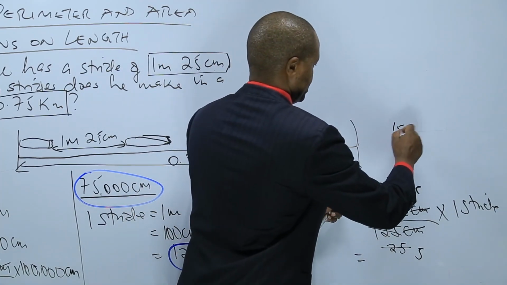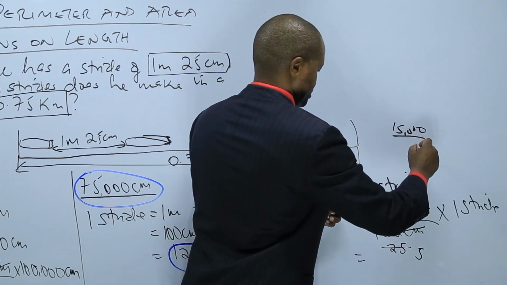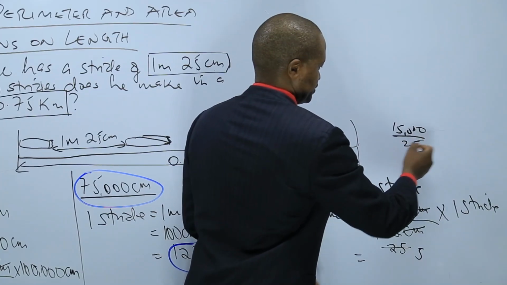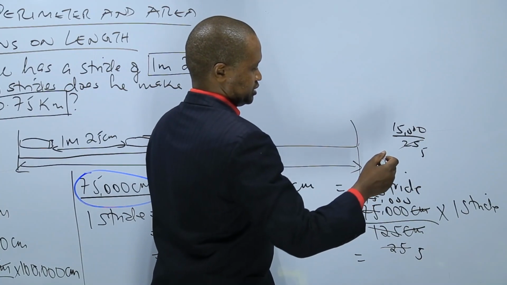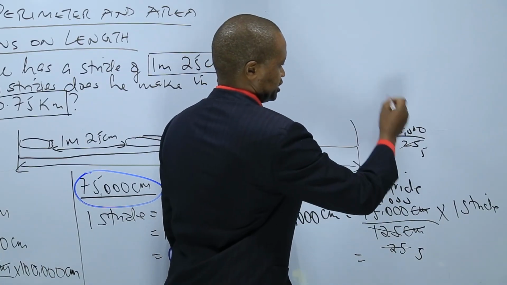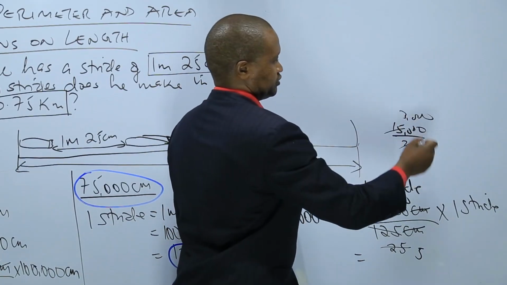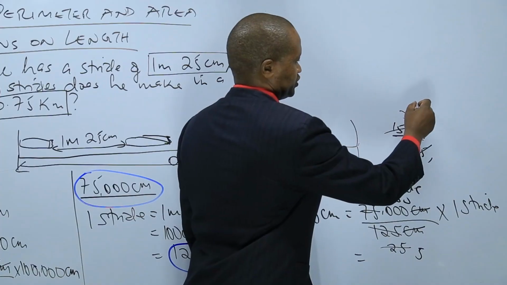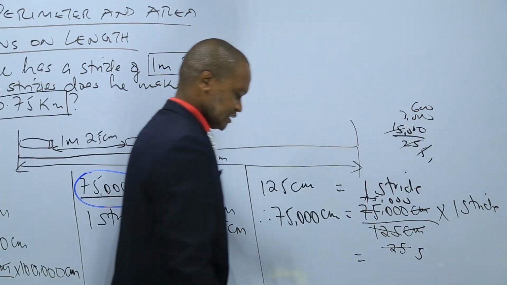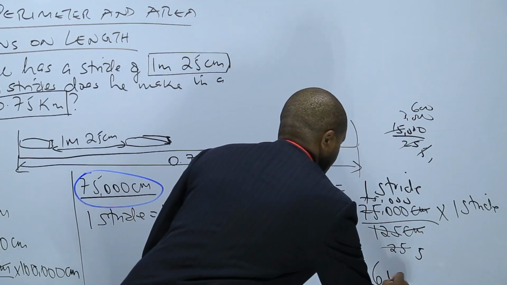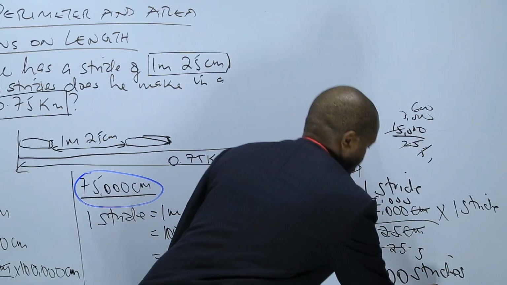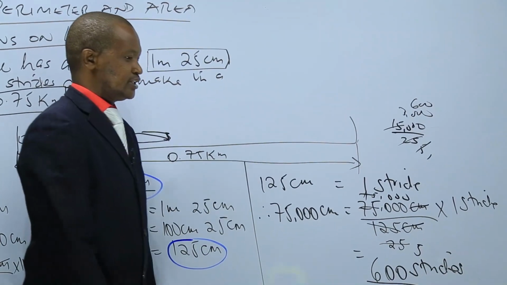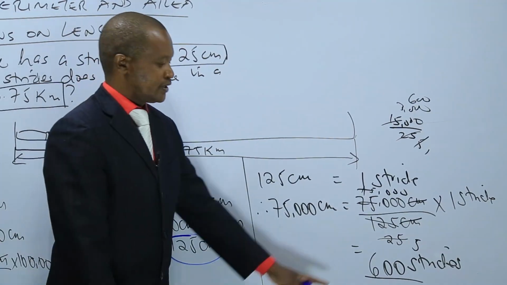Here we have 15,000 divided by 25. 5 goes into 25 five times, and 5 goes into 15 three times. So 5 goes here once, and 5 goes here 600 times. So the answer is 600 strides. The athlete makes 600 strides.